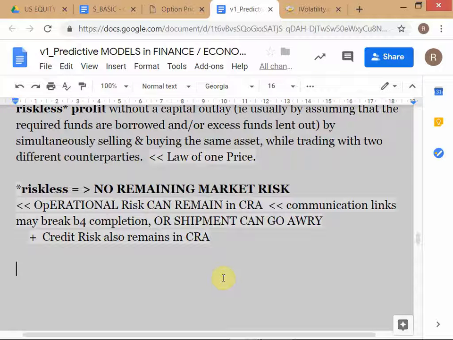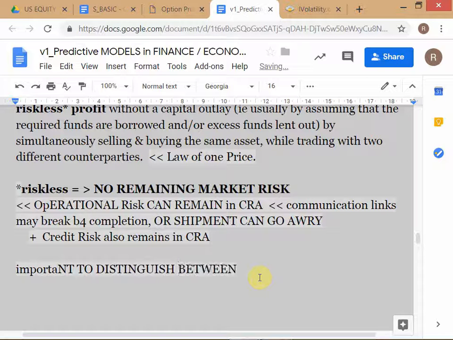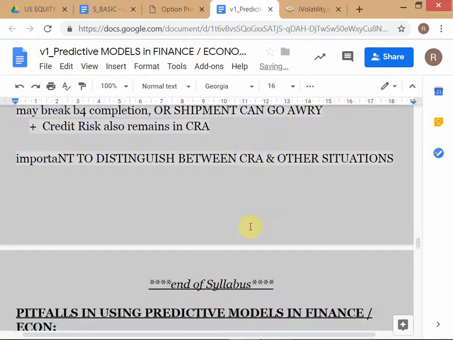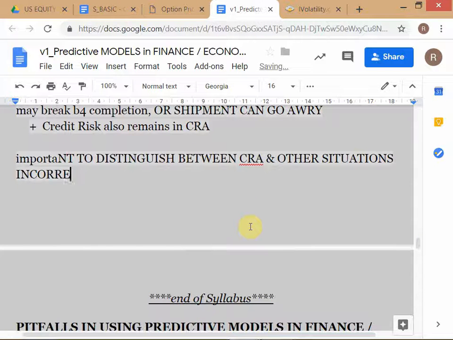Because it's important to distinguish between CRA and other situations incorrectly described using the word arbitrage.